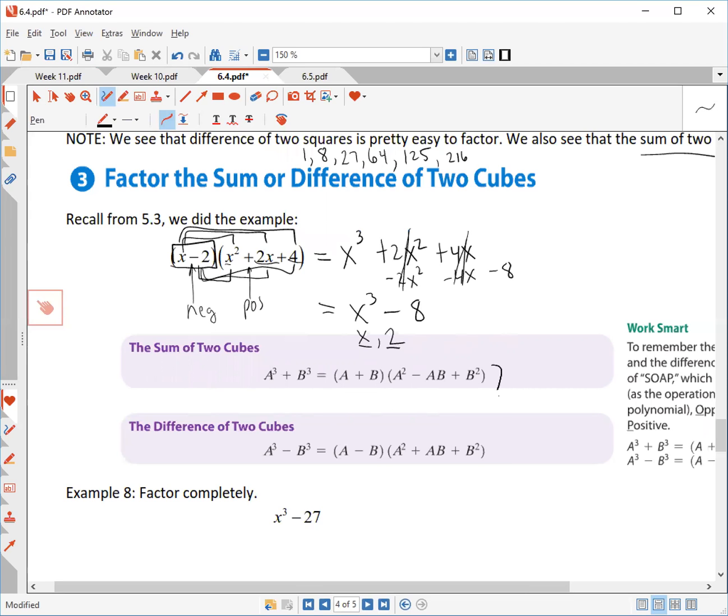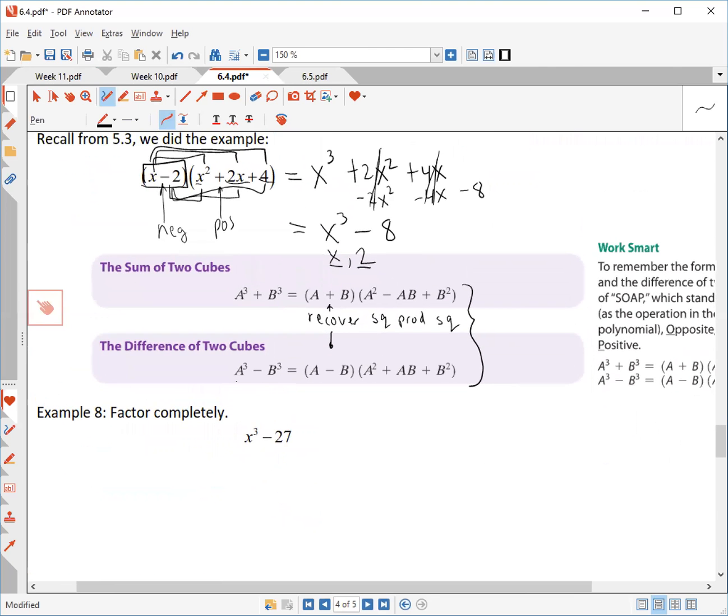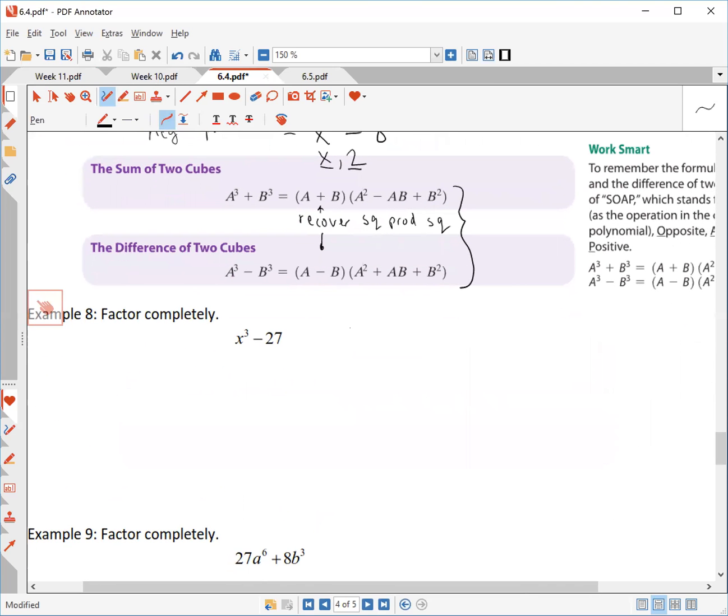And these are the formulas. We recover the two pieces, A and B, and then it goes square, product, and square. We'll worry about the signs here in just a moment. So I recover my two pieces from x cubed minus 27.